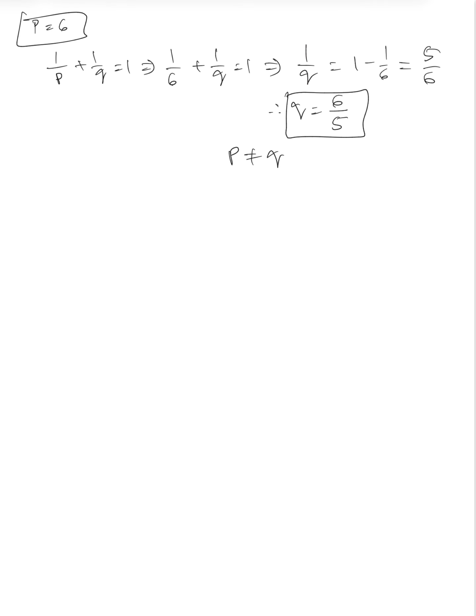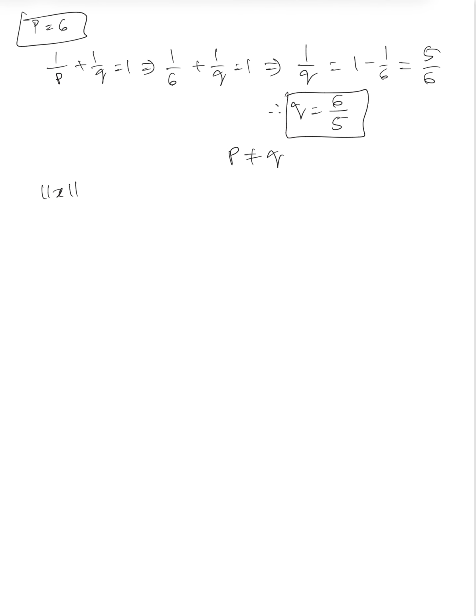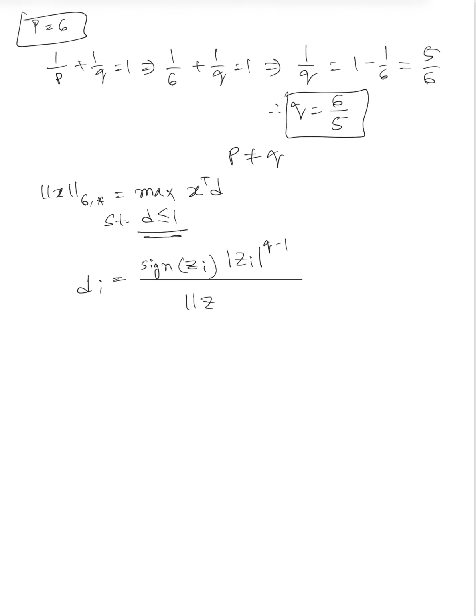There is an intuitive sense for that, and that can be brought directly from this relation where we can apply this. So if we have x 6 star equal to max of d less than or equal to 1, such that we have to maximize xt of d. Now here this condition is no more symmetric, because the equation for this one, we know that sine of zi and so this is zi q minus 1 over q norm of q minus 1, right?